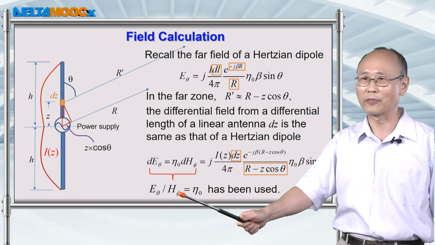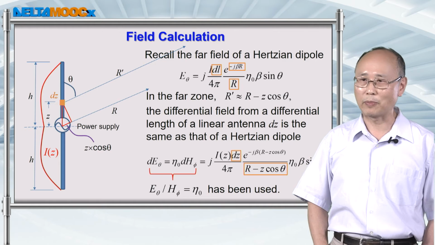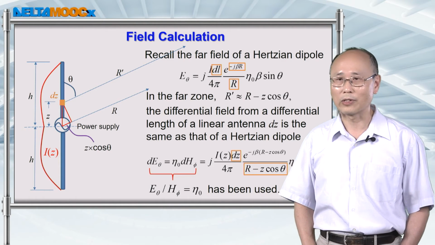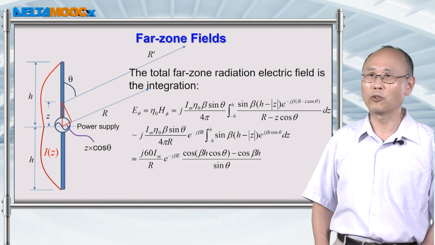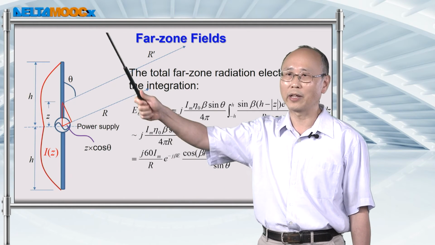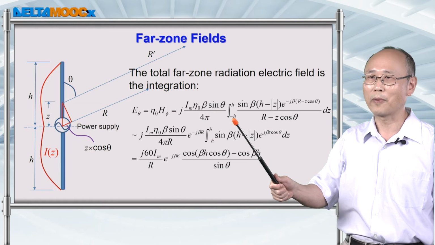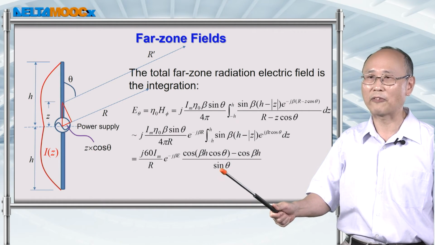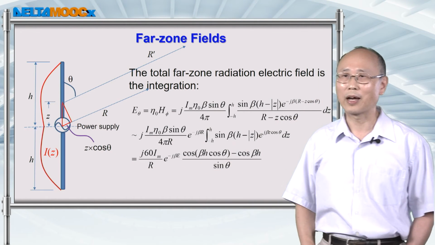So the ratio of the electric field to the magnetic field is going to be the intrinsic wave impedance, just like the ratio for the field for a plane wave. So given this, we'll be able to do an integration through the whole antenna rod by integrating the previous equation from minus h to h. We'll be having this far field electric field for this antenna.